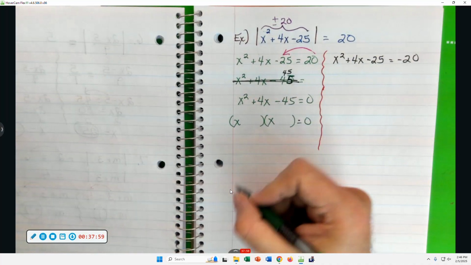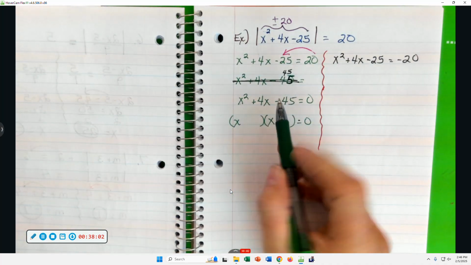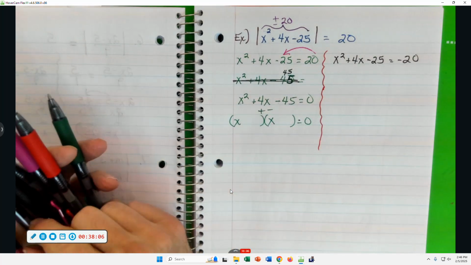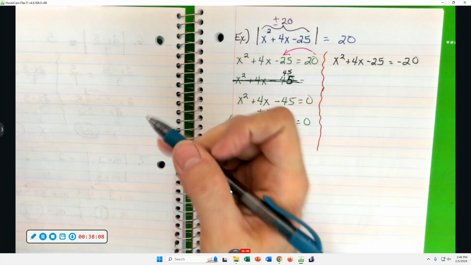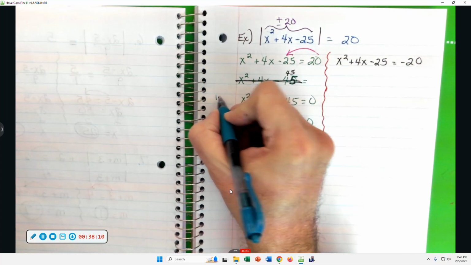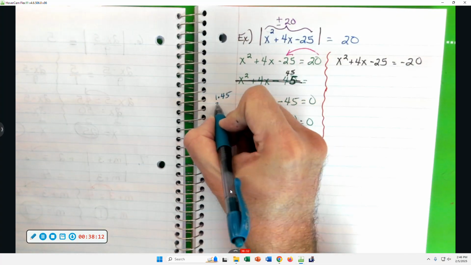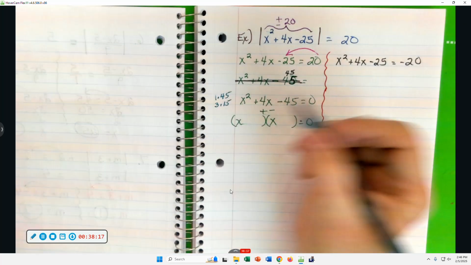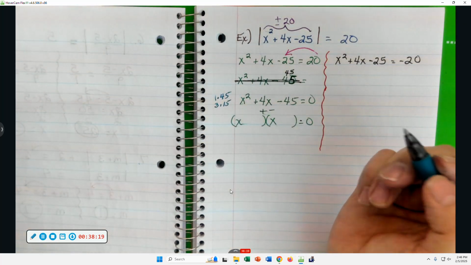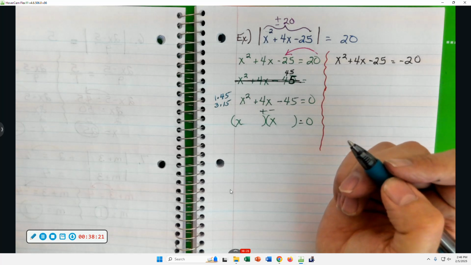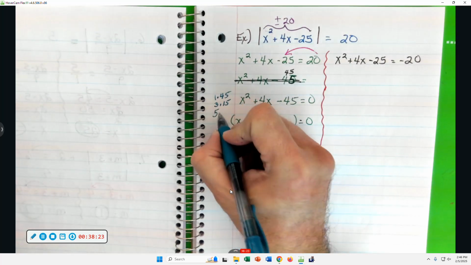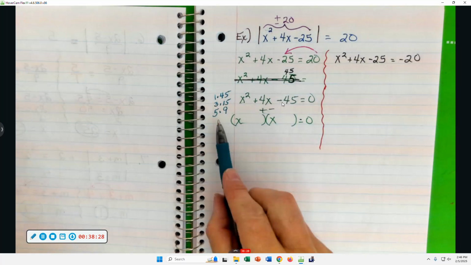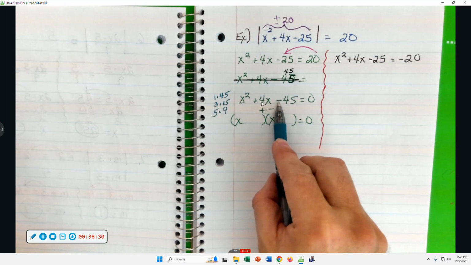There are quite a few pairs: 1 times 45, 3 times 15. What am I missing? There's another one, part of the multiplication table: 5 and 9. For a simple trinomial, you choose the pair that subtracts to give you 4.